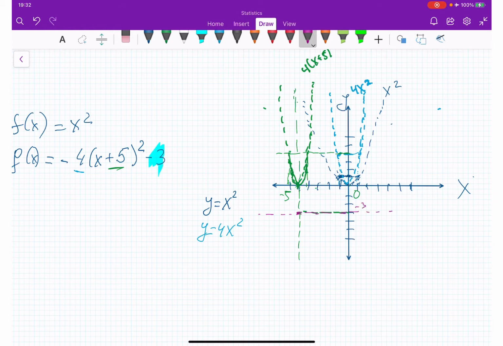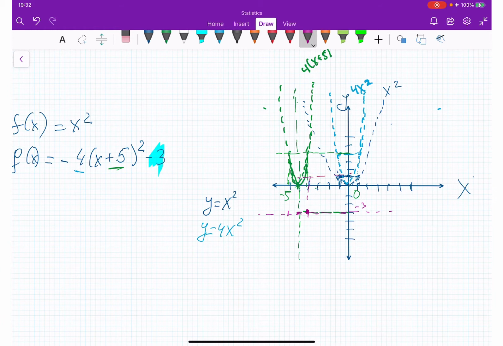This is negative 3. 1 and 1. And 1, 2, 3. It's 4x squared, so this is negative 3 and 1 more. Where is this 1?